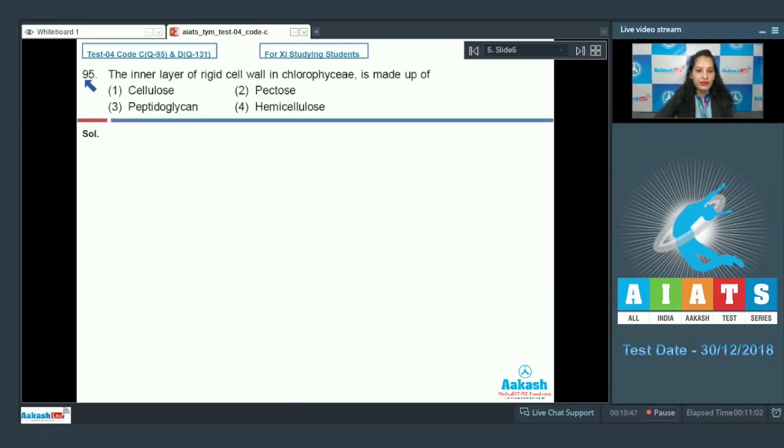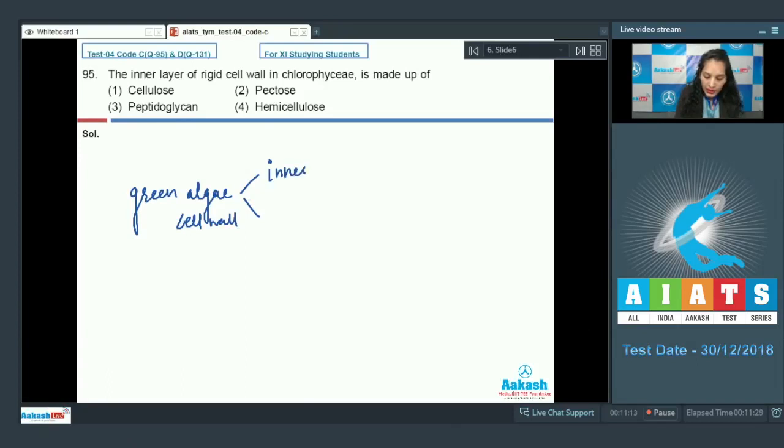Question number 95. The inner layer of rigid cell wall in Chlorophyceae or green algae is made up of. First option, cellulose. Second, pectose. Third, peptidoglycan. Fourth, hemicellulose. In case of Chlorophyceae or green algae, the cell wall has the inner layer and the outer layer.